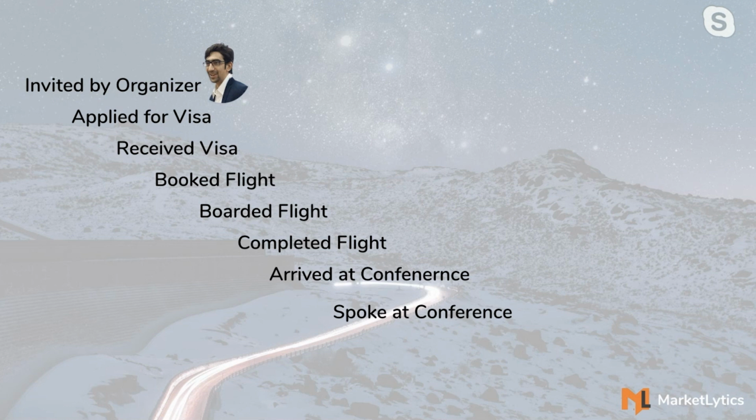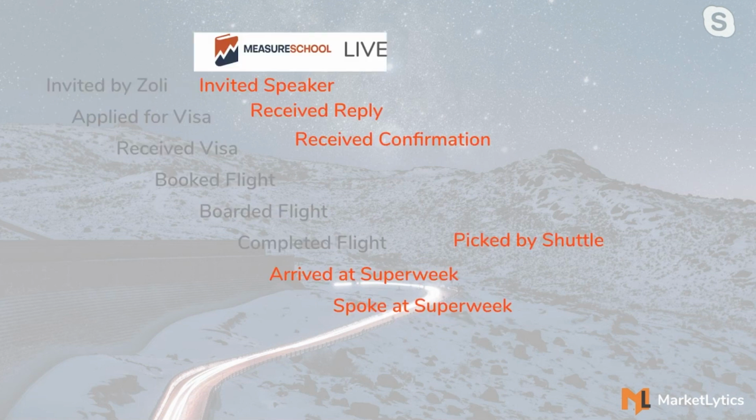Thankfully this is virtual, so I can skip a lot of these steps, but the same things still apply, right? If we look at it from the other perspective, the perspective of Measure School and the live conference they want to do, these might be the series of things that would happen. They would invite a speaker, they would receive a reply, they would get a confirmation.